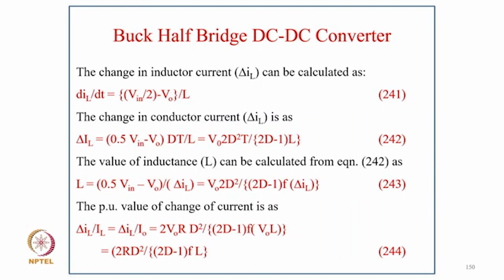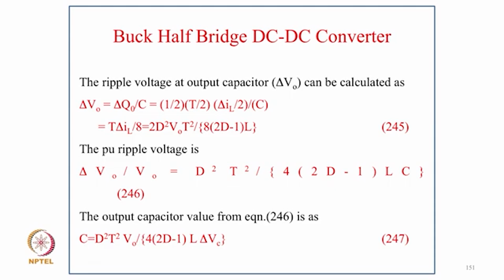The per unit value of current, delta IL upon IL, that is delta IL upon I0, is 2V0 R D square divided by (2D minus 1) F V0 L, or equal to 2 R D square divided by (2D minus 1) F L. Similarly, the ripple voltage across the output capacitor is delta V equal to Q0 C divided by half T by 2, delta IL by 2C, that is equal to T delta IL by 8, or 2D square VO T square divided by 8 (2D minus 1) L. The per unit ripple voltage is delta V divided by VO equal to D square T square divided by 4 (2D minus 1) L C, and the output capacitor value from this is C equal to T square VO divided by 4 (2D minus 1) L delta VC.